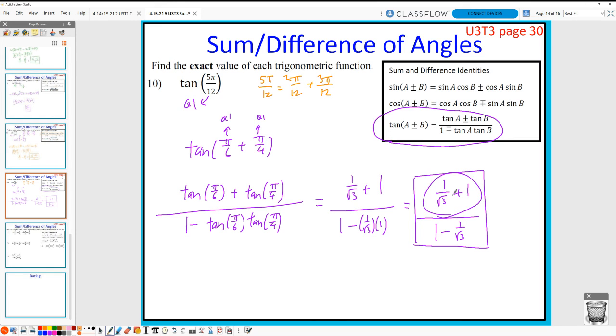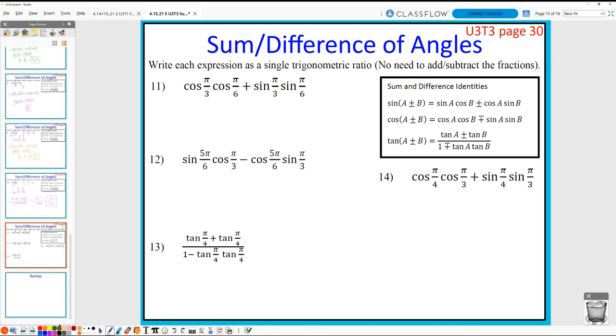It's greater than 1 for sure. The denominator here, 1 over root 3. Root 3 is 1 point something. 1 over that is less than 1, right? So the denominator is some number that's smaller than 1 but positive. The numerator is also positive. So overall, it's positive. I know that's not necessarily important, but it's a good way to check, does my answer at least make sense in terms of the signs? You can't always check to be completely right or not. Obviously, you can plug this in a calculator, but that's lame.